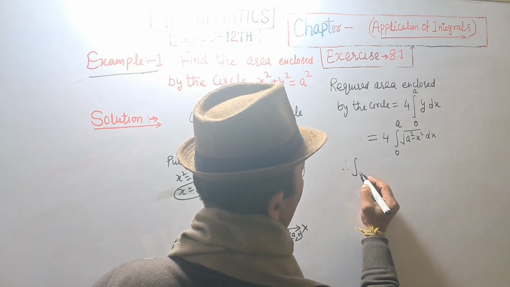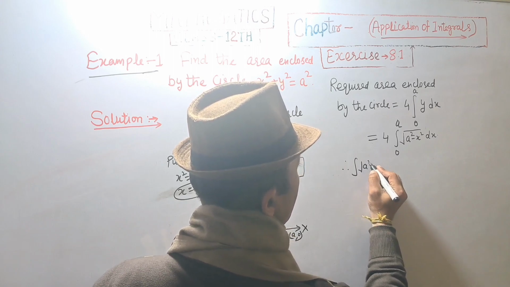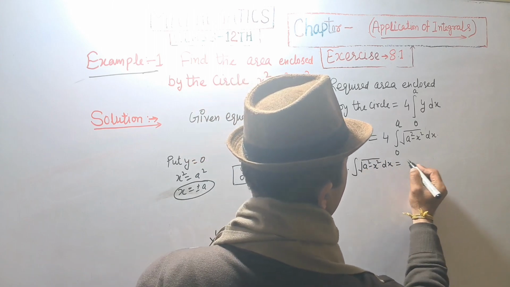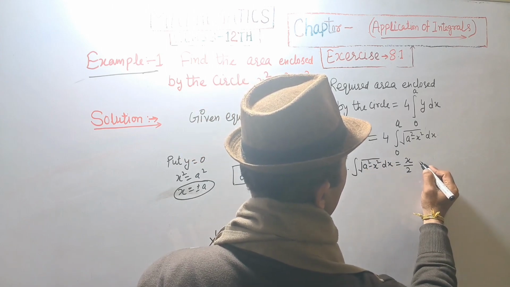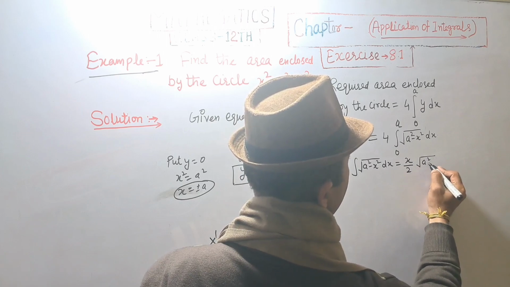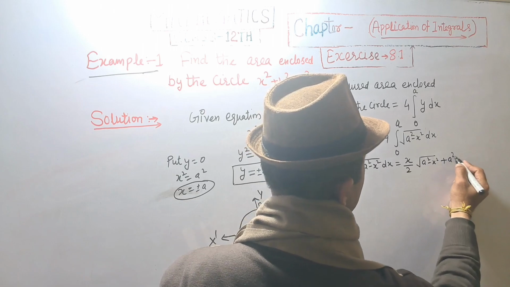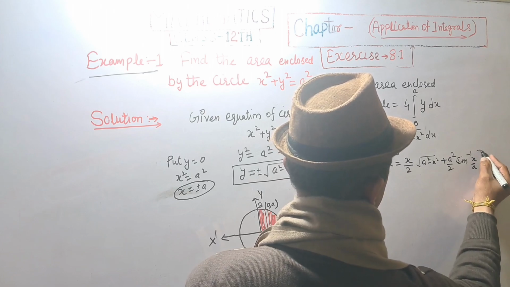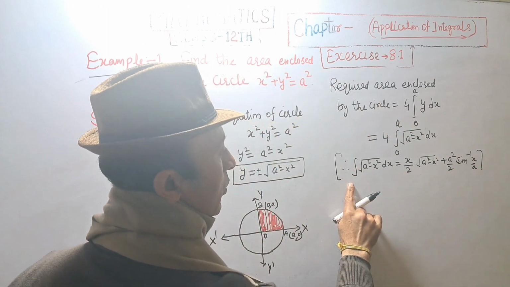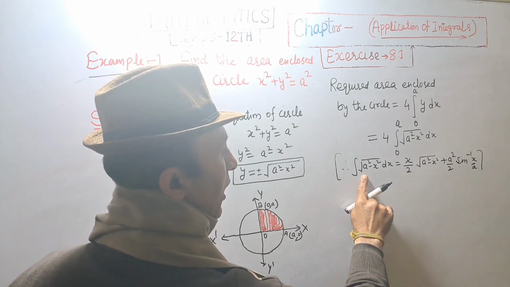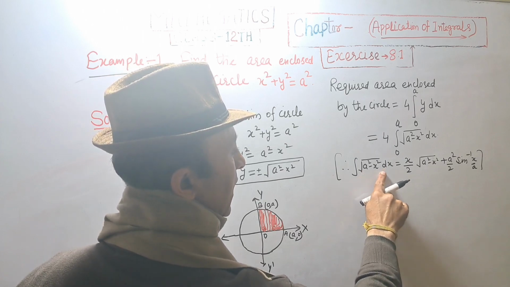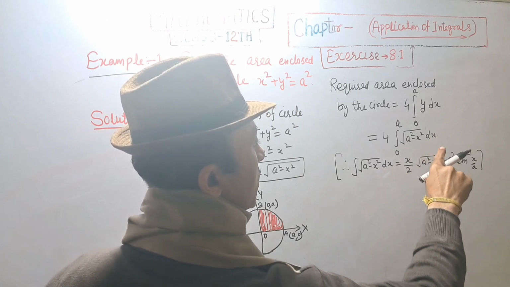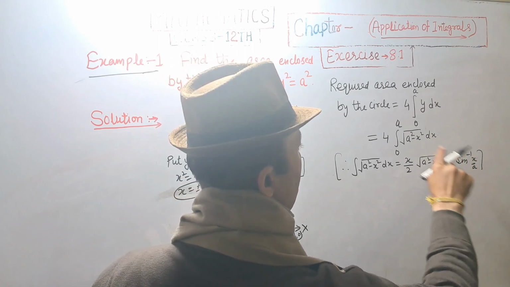We are using the formula: integral of under root a square minus x square dx is equal to x upon 2 root a square minus x square plus a square upon 2 into sine inverse x upon a.